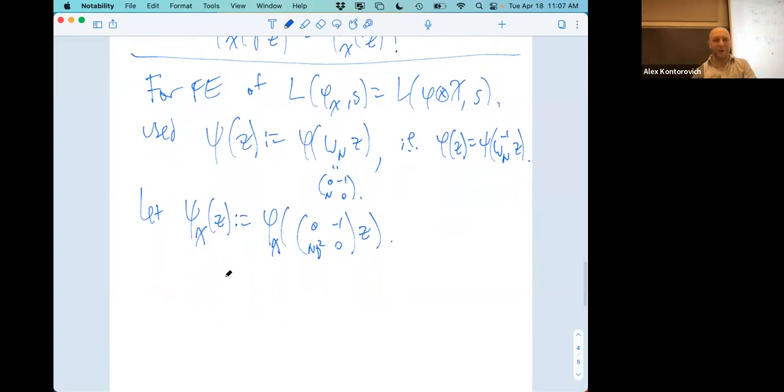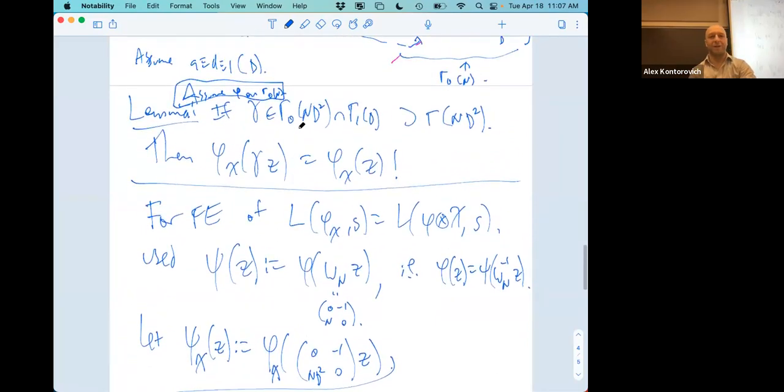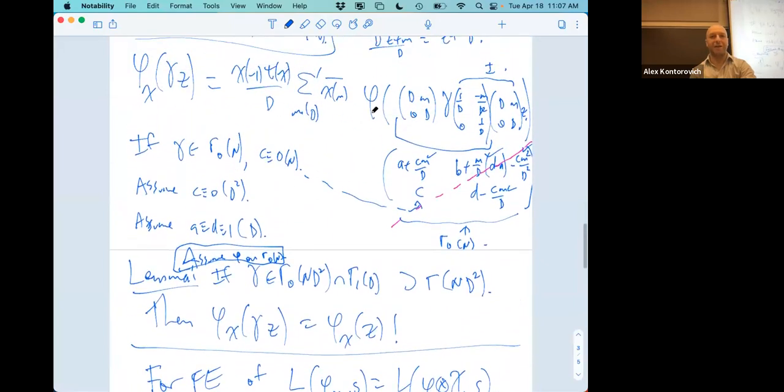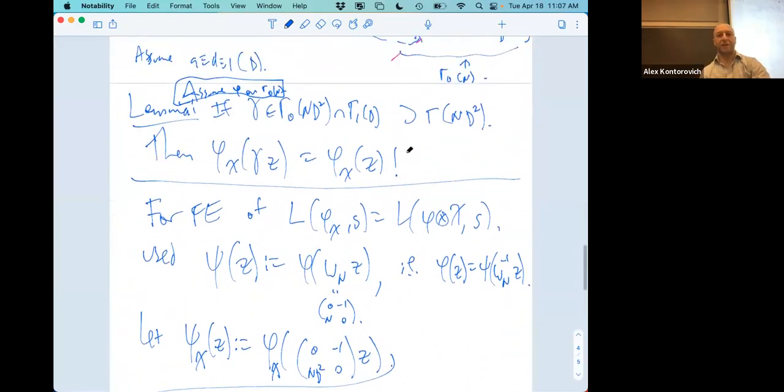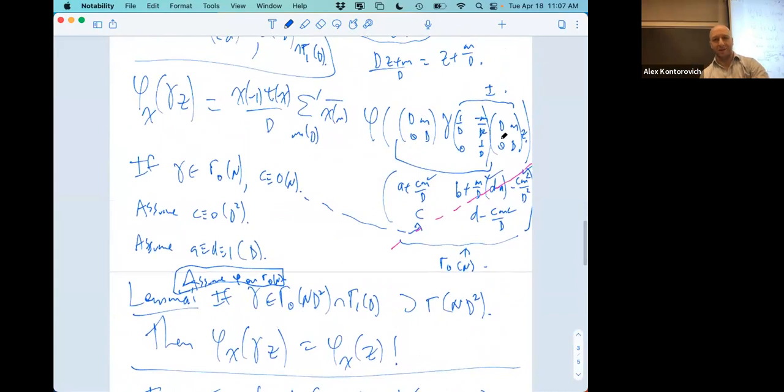Okay, so what do we know about this thing? Phi chi of anything is this formula. Chi of -1, tau of chi over d, a sum over m coprime to d, chi of m bar, and then phi of, is it d0 md times z?